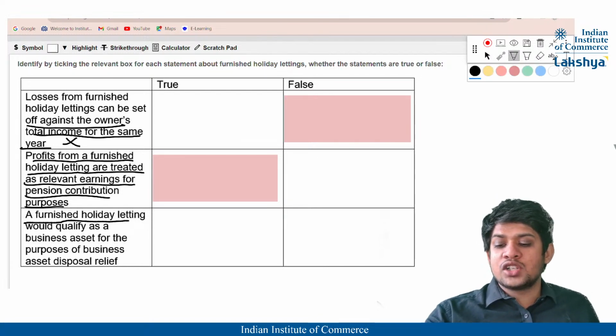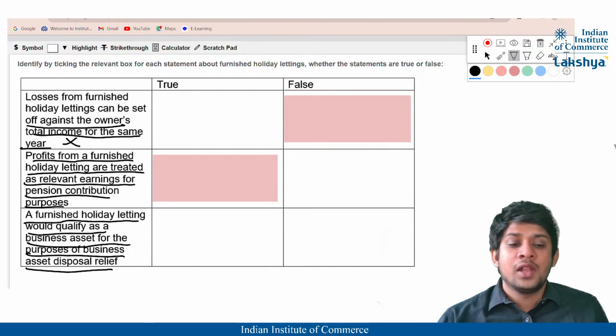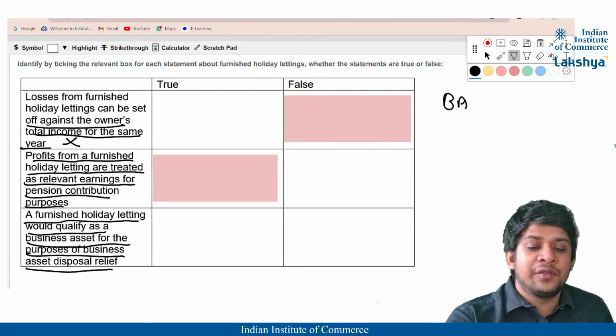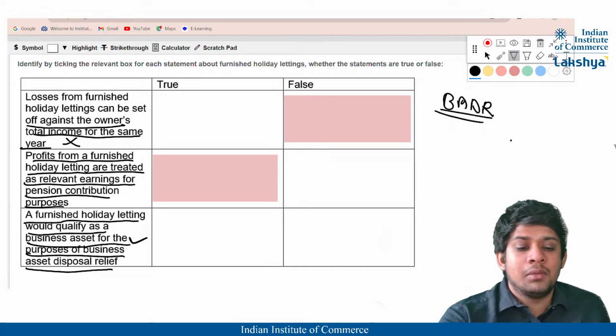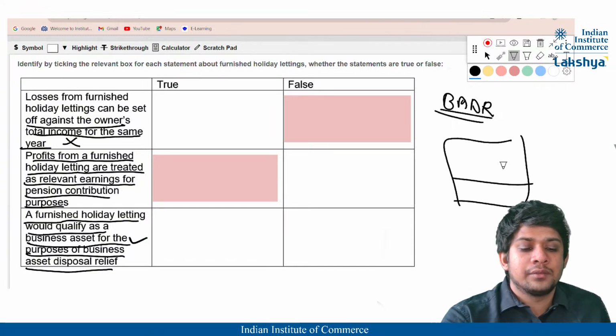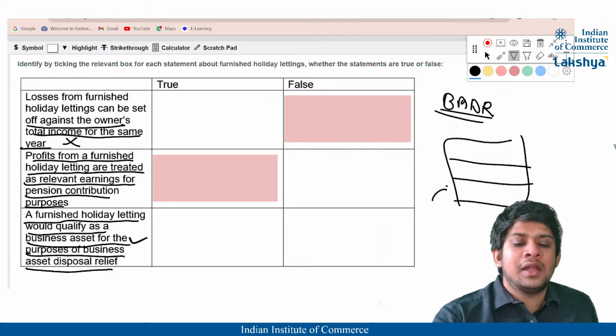Then, a furnished holiday letting would qualify as a business asset for the purposes of business asset disposal relief, BADR. Maybe it was a residential property, but I've converted it into a hotel now, so it is my business, a business related asset.